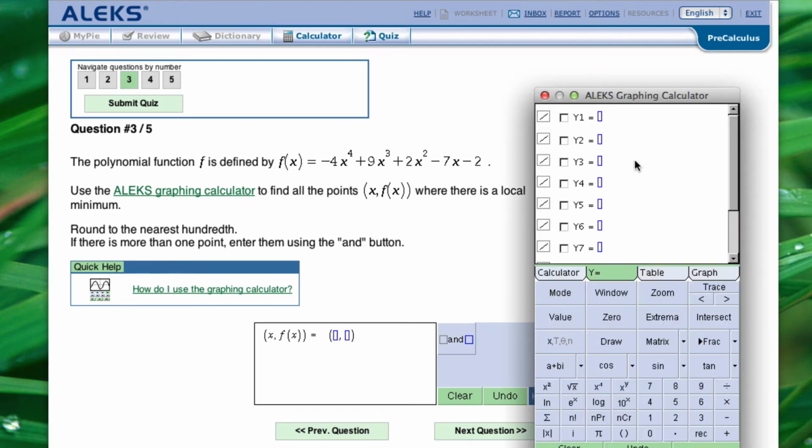Okay, click on this value and enter a negative 4x to the 4th power.